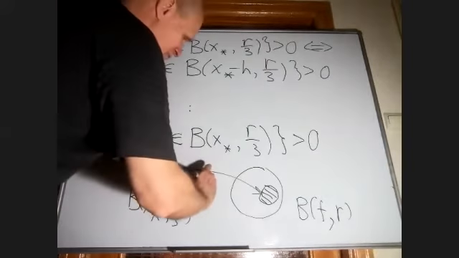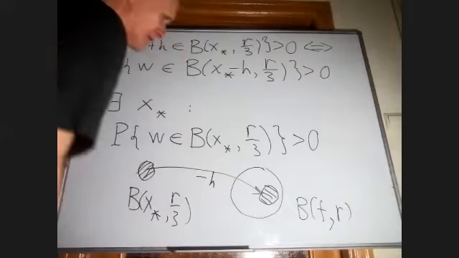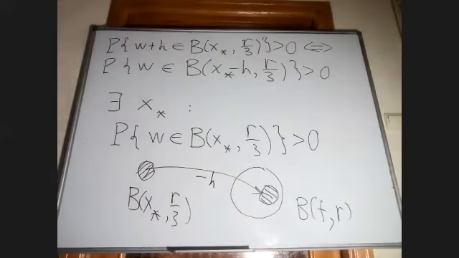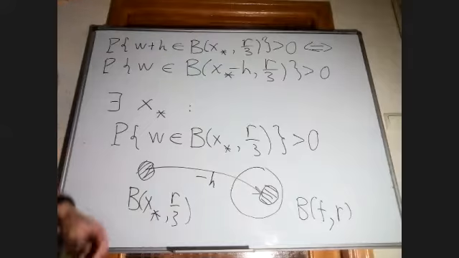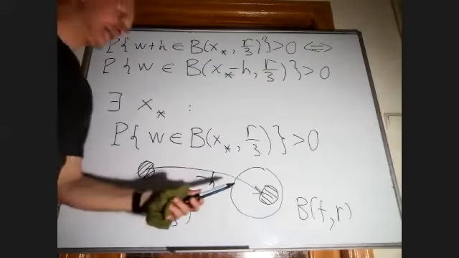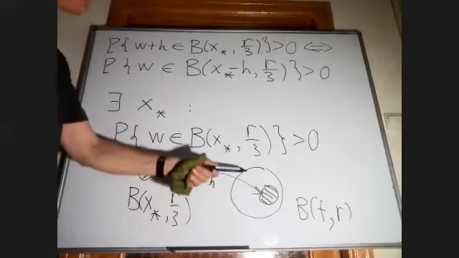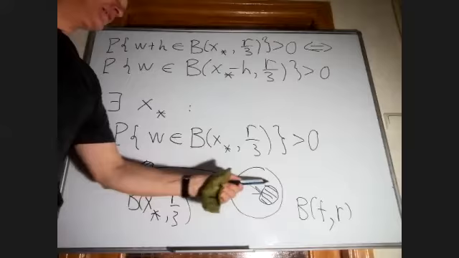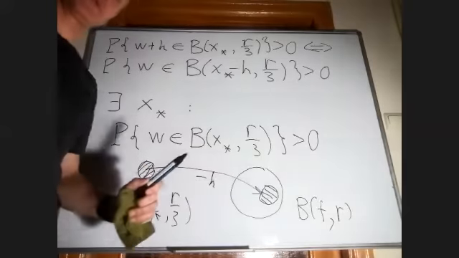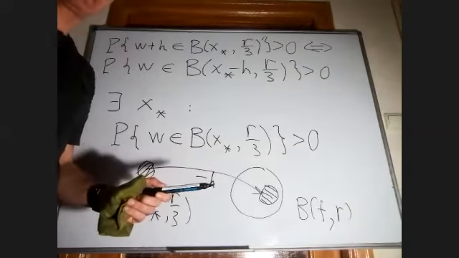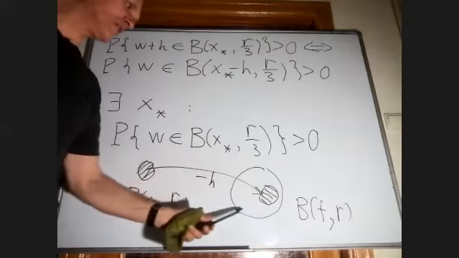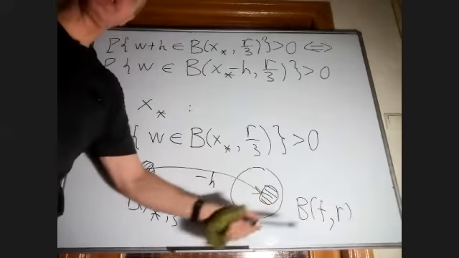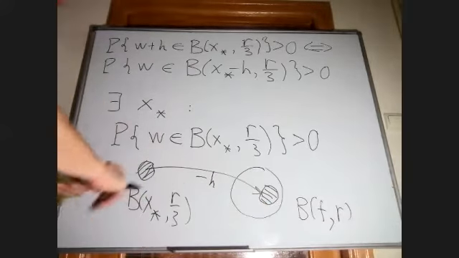This is the shift minus H. Now everything became clear, because if the probability that W lies in this small ball is positive, then it is clear that the probability that W lies in this big ball also is positive.